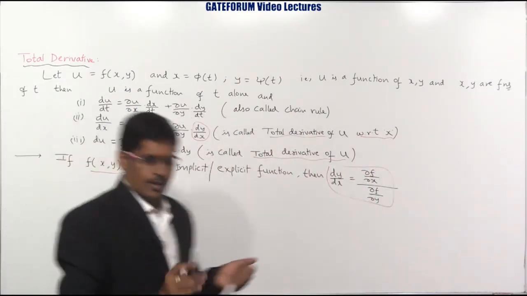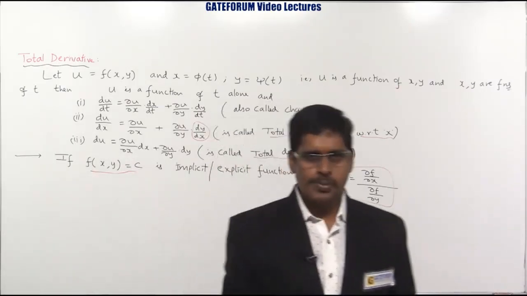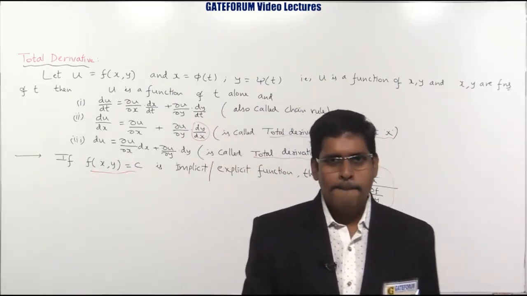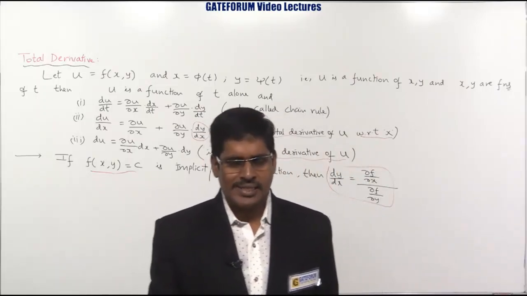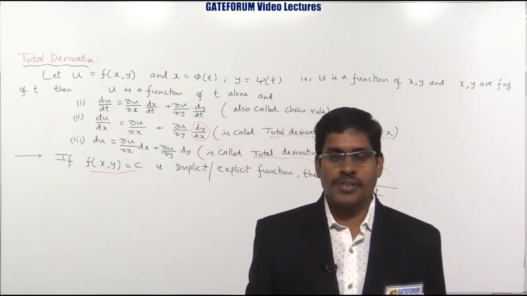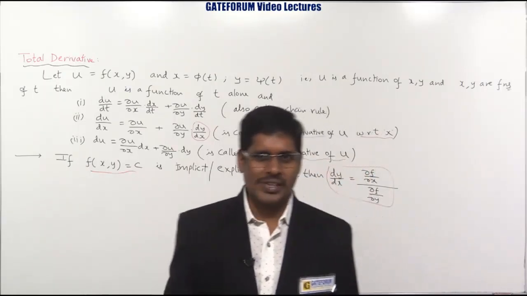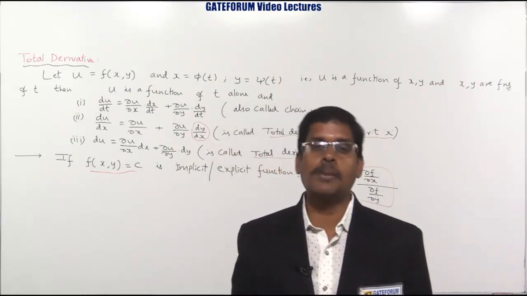So, when a function contains both variables, if we can express y in terms of x, such a function is called an explicit function. If you do not express y value in terms of x, such a function of x comma y is called an implicit function.